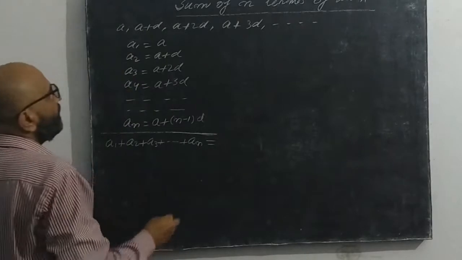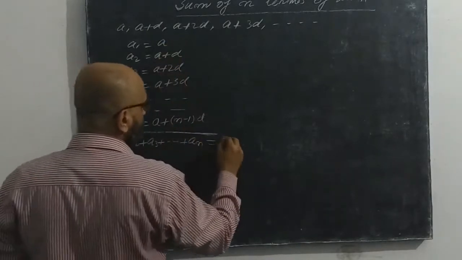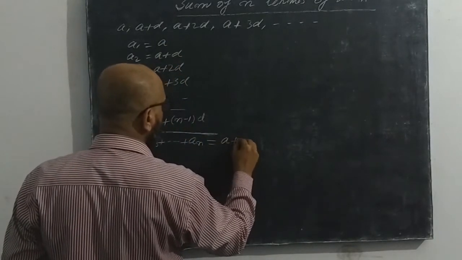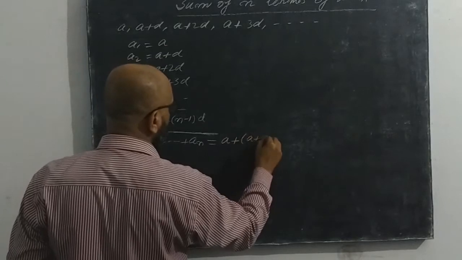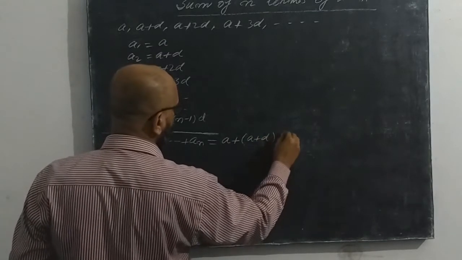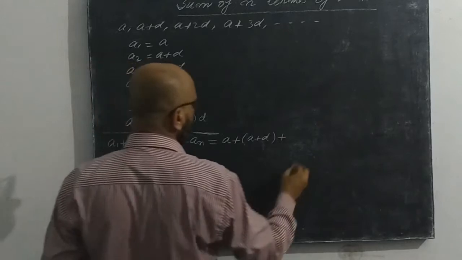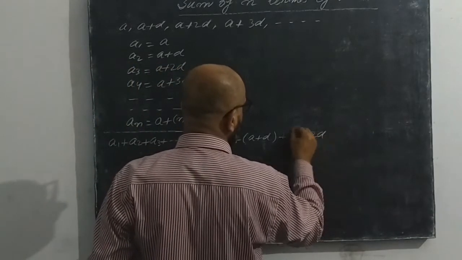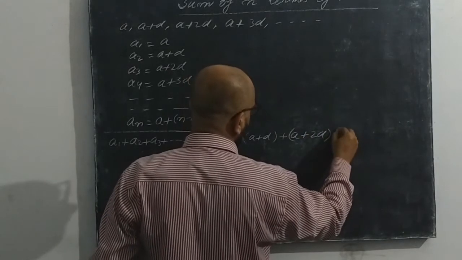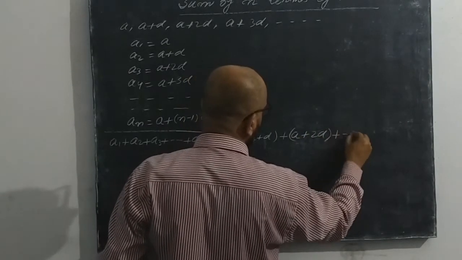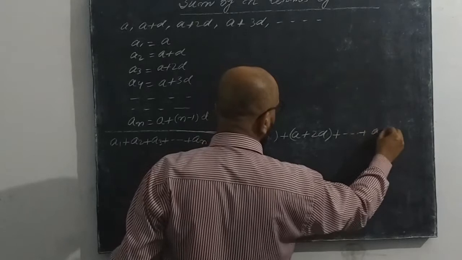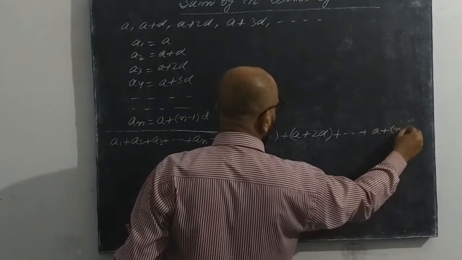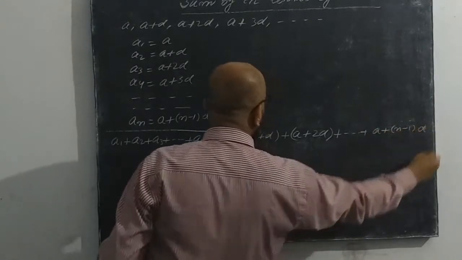And on the right hand side we get a plus a plus d plus a plus 2d plus so on to a plus n minus 1 into d.